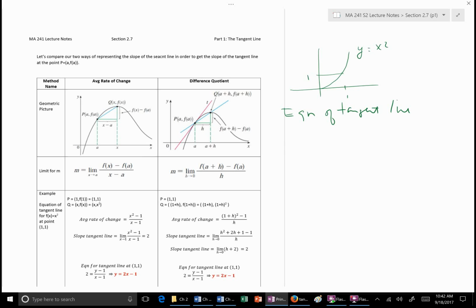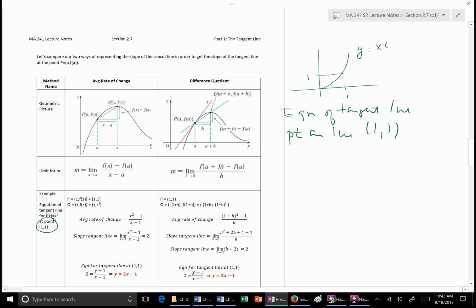Well, if I have a point on the line, how can I figure out the equation for the line? What else do I need? The slope, right? Do I have a point on this line? Sure. Because I'm told that I want the tangent line at this point. This tells me that I know a point on the curve. So the point on the line is going to be 1, 1.